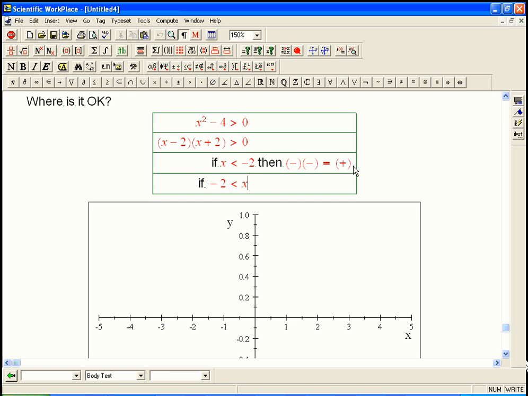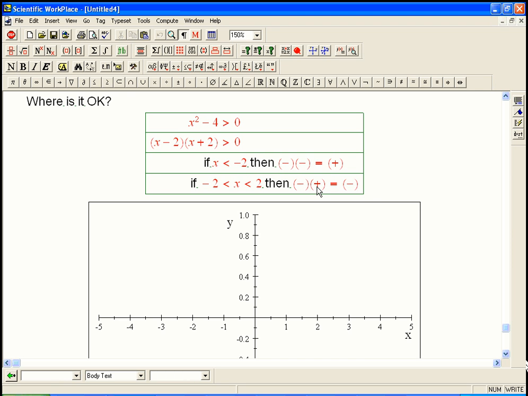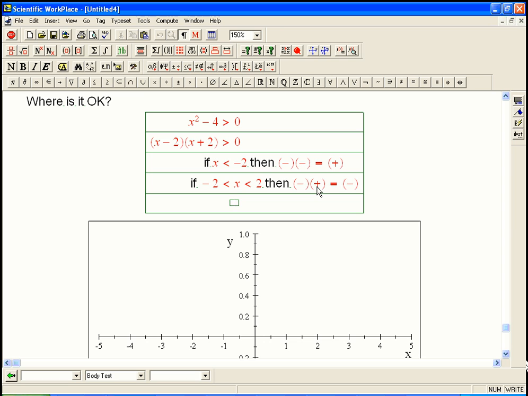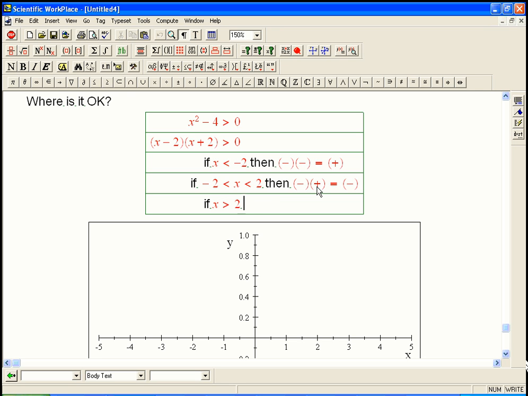If minus 2 is less than x less than 2, then the x minus 2 factor is still negative, but adding 2 makes the other factor positive. Aha, now the product is going to be negative. That's where we're not going to get anything. That's not going to be in the domain. And if x is greater than 2, then you're going to get plus times plus from this expression, and that's going to work because we want that to be plus.